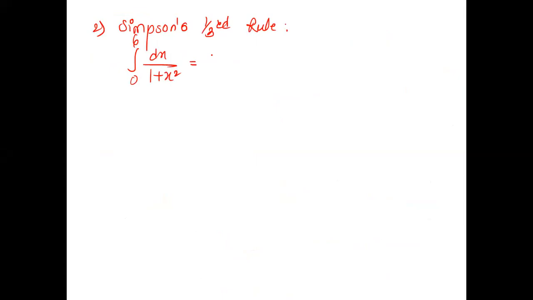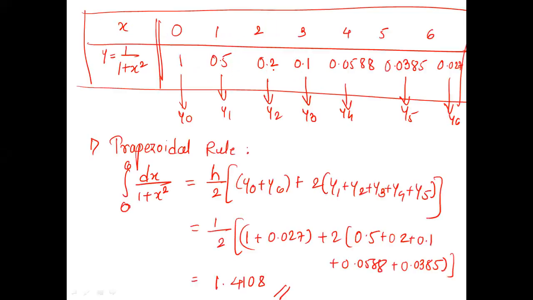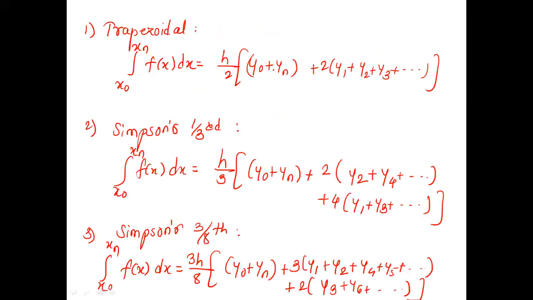It is h by 3, 1/3 h by 3 into y naught plus what? First plus last. Last is y6. Plus, what is the formula? 2 into odd and 4 into even.